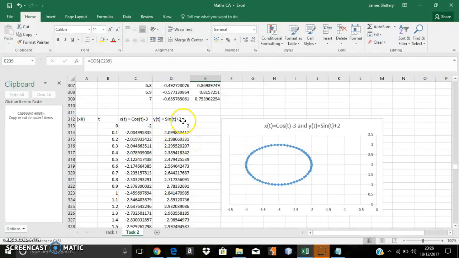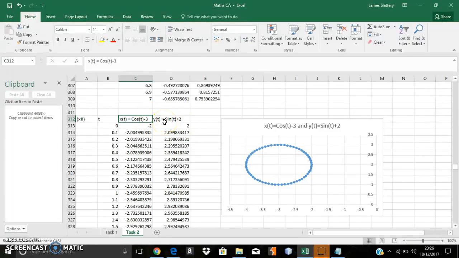Now the number is outside. The +2 and the -3 here are outside the bracket. Like all of the previous examples, these numbers have been inside the bracket, so t is being multiplied by whatever number. But t is not being multiplied because these numbers -3 and +2 are outside the brackets.